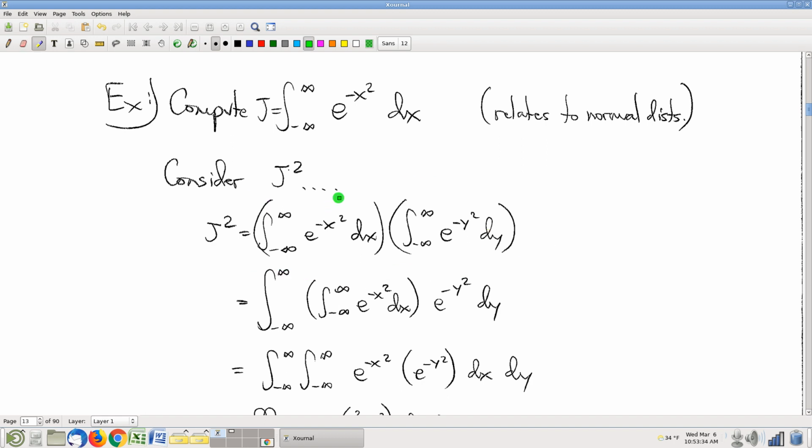First tricky move. This is just a number, so I can freely stick it inside of the y integral. It's not a function of y. Therefore, I can just move it in or out of the integral as I prefer, and I'd like to stick it in there. You'll see why in a moment. Okay.